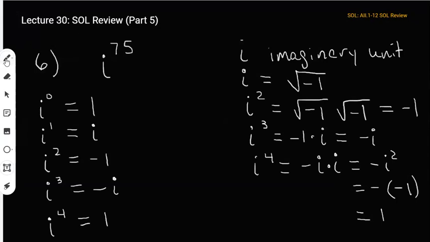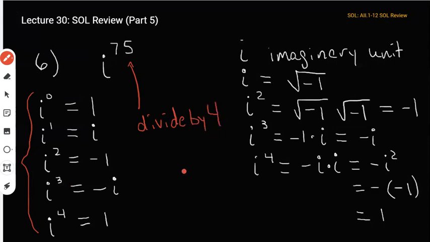What this tells me is I need to divide the exponent by 4. So we're going to take this exponent and we're going to divide by 4. The reason why we're dividing by 4 is because the answers are going to repeat themselves every 4 times.